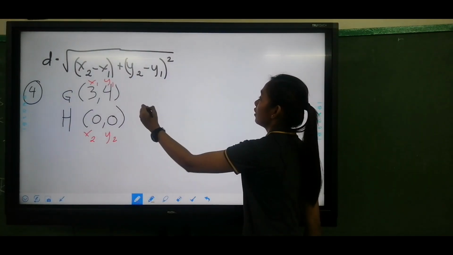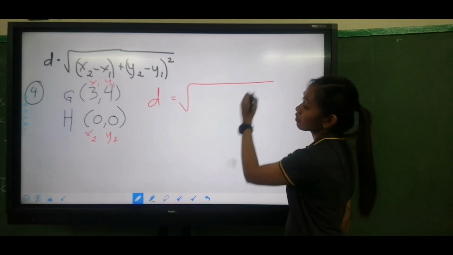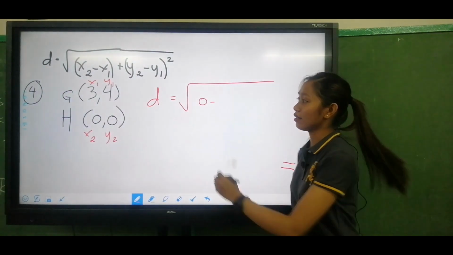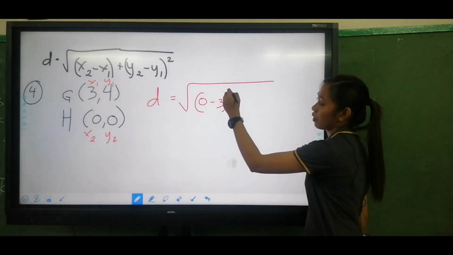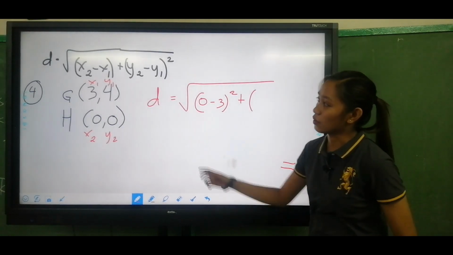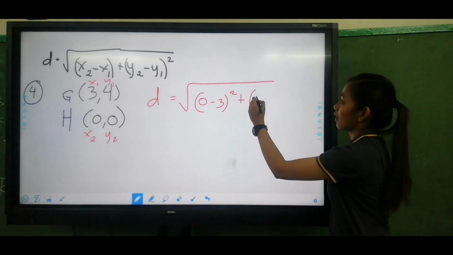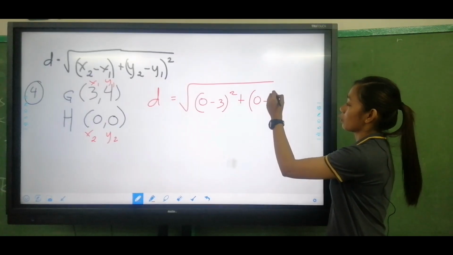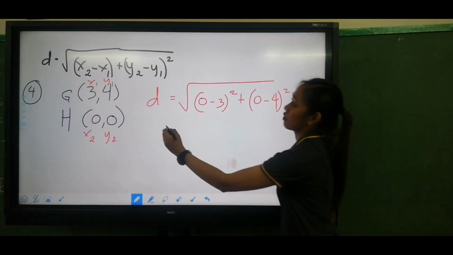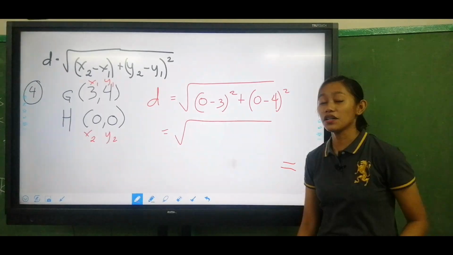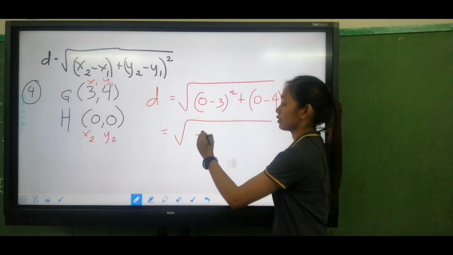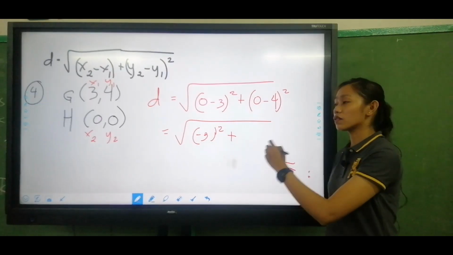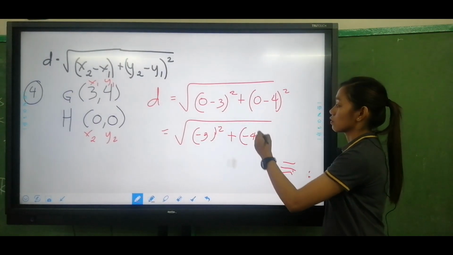Substitute to the formula, D is equal to square root of x sub 2 is 0 minus x sub 1 is 3 squared plus, or y sub 2 is 0 again, minus your y sub 1 is 4 squared. Is equal to 0 minus 3 is negative 3 squared plus 0 minus 4 is negative 4 squared.